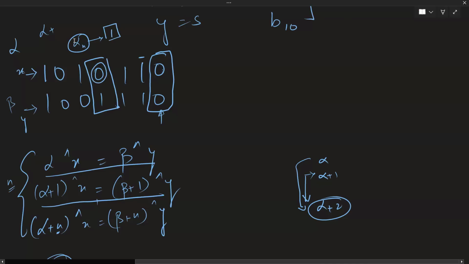Yes, no? And if you decide that your beta n is having one, then you will have a zero bit here, or it will be reversed basically. For one, it will be zero, for zero, it will be one, right?